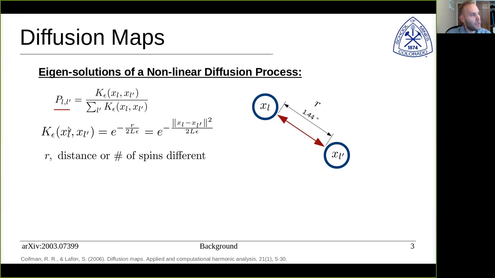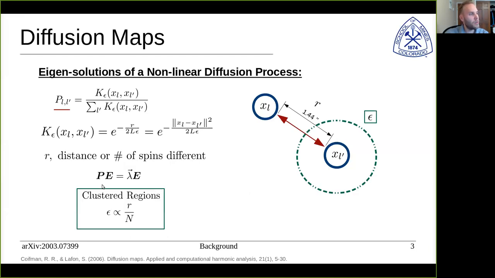Typically you choose a kernel such as the Gaussian kernel, which usually depends on the distance between sample states in sample space. Here we call that R, the distance between states. For a qubit system, that's essentially the number of spins that are in different orientations.